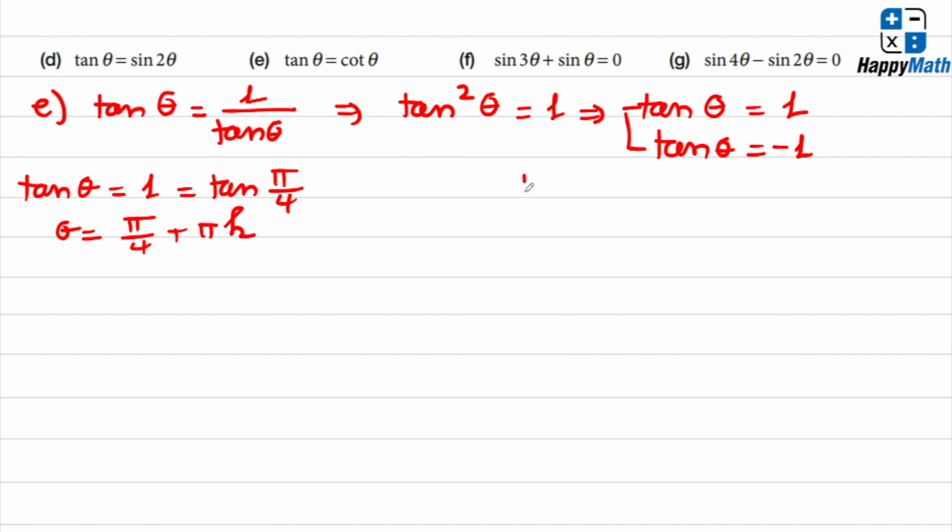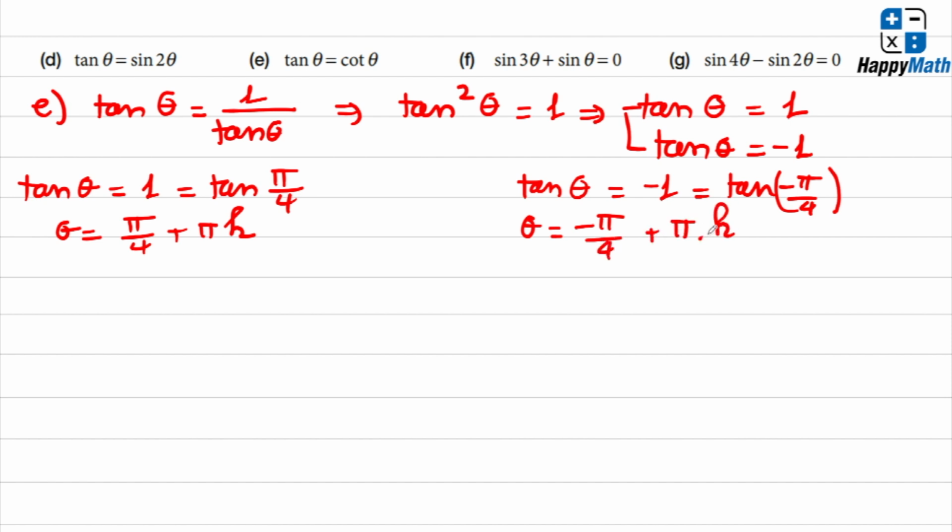I stop here. The next one, tan theta equal to minus 1. This is tan of minus pi over 4, so theta equals minus pi over 4 plus pi times k. Within 2 pi, I will have solutions: pi over 4 corresponding to k equal to 0, and 5 pi over 4 corresponding to k equal to 1.